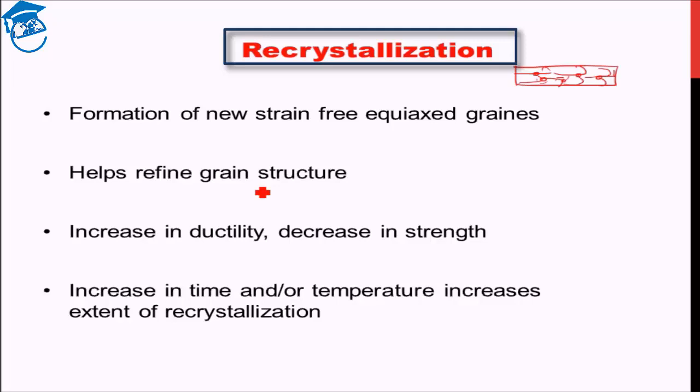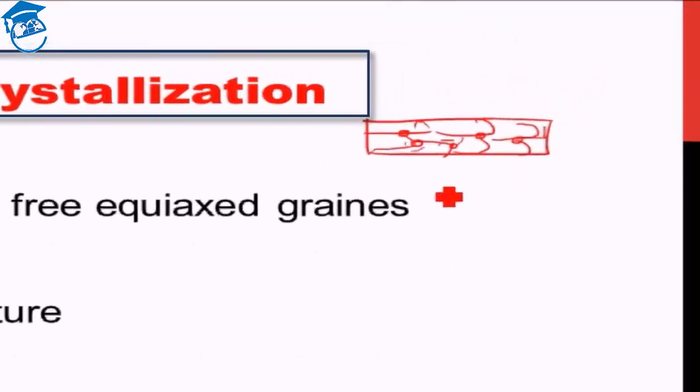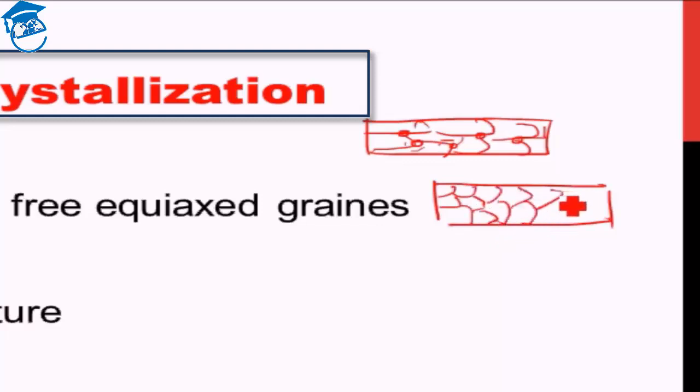Thereby it leads to a reduction in the total energy of the system, which is a favorable process. That's why new grains originate, and these new grains spread through the material, taking up the whole material and providing very finely distributed equiaxed newly generated grains, right?